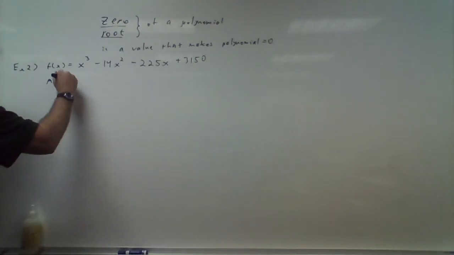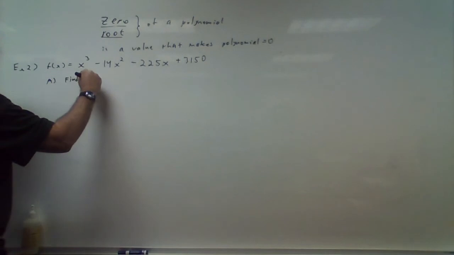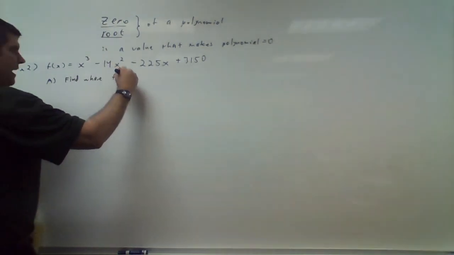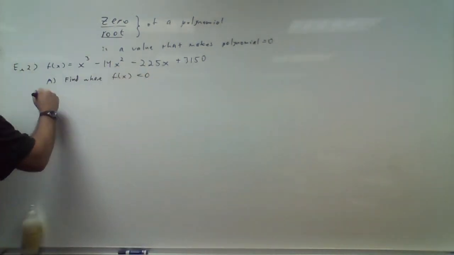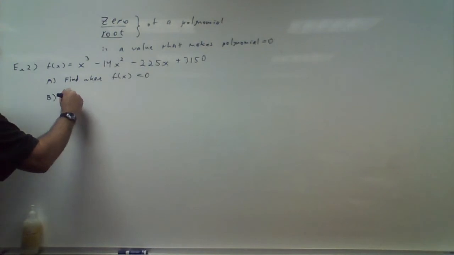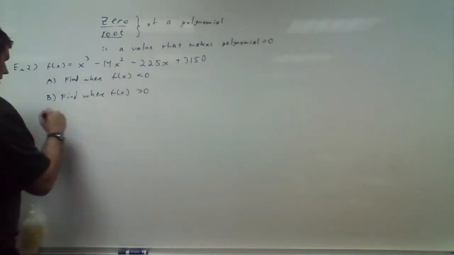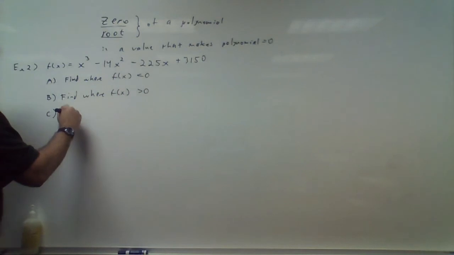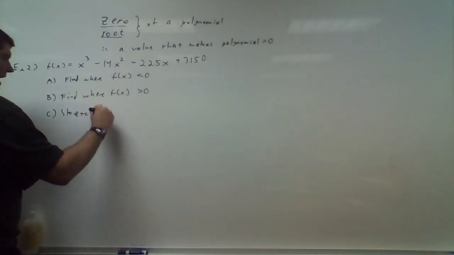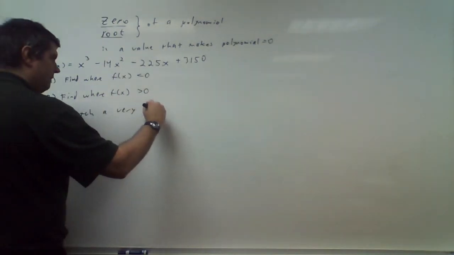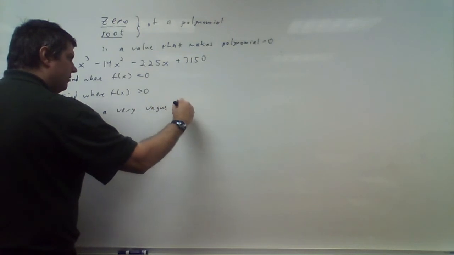A, find where f of x is less than 0. B, find where f of x is greater than 0, and C, sketch a very vague graph.